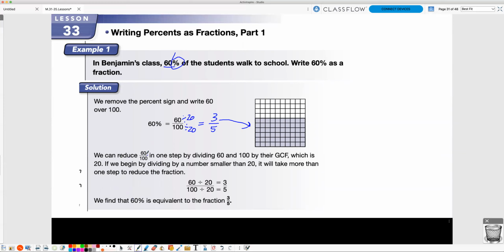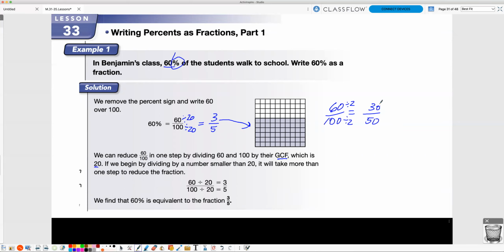You can reduce 60 over 100 in one step by dividing 60 and 100 by the greatest common factor, which happens to be 20. If you begin by dividing by a number that's smaller than 20, it will take more than one step to reduce the fraction. For example, if we took 60 over 100 and instead divided by 2, which is not the greatest common factor, we'd end up with 30 over 50.